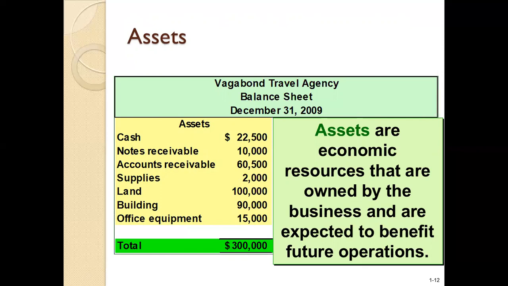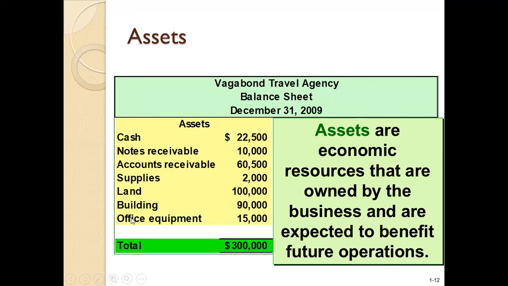Inventory would include the cloth that you want to turn into garments. So these are all of the things that a business requires. Without these assets, a business cannot operate at all. So these are your assets, and you can see what kind of things are included. You have cash, you have notes receivable, accounts receivable, supplies, land, building, office equipment.